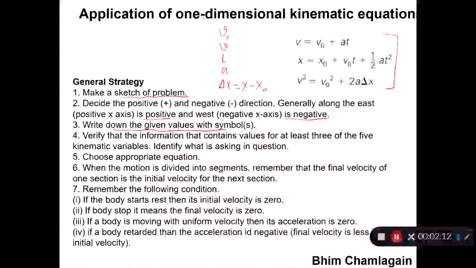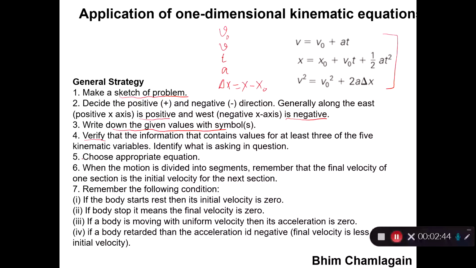Fourth one is verify that at least three quantities are given out of five, and identify again what is asked. In every equation of motion, four quantities are related, so choose the appropriate equation with three quantities given and what you have to calculate.